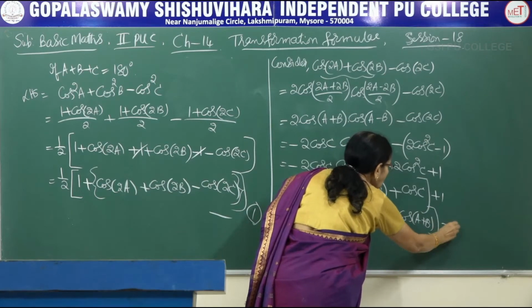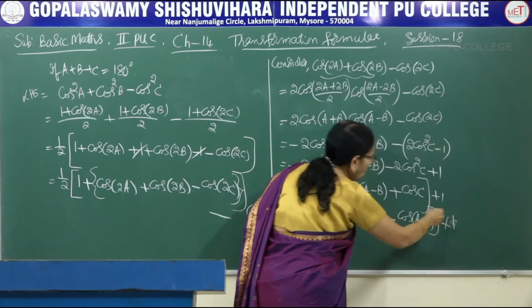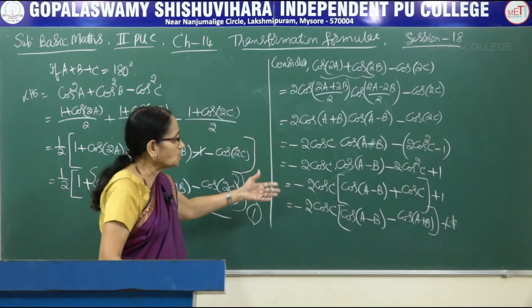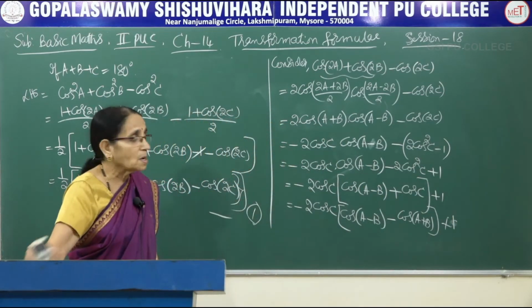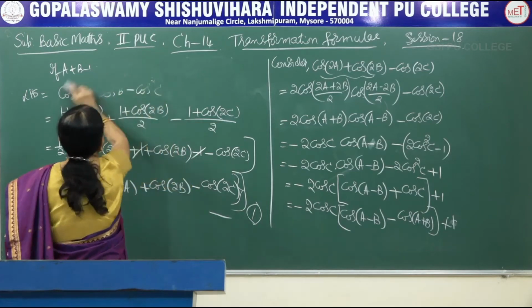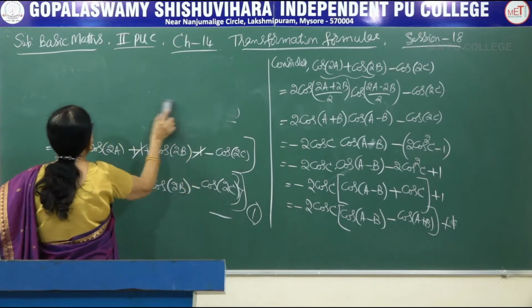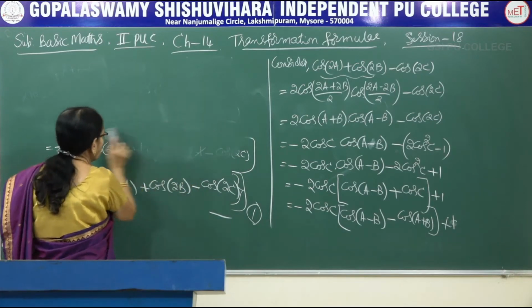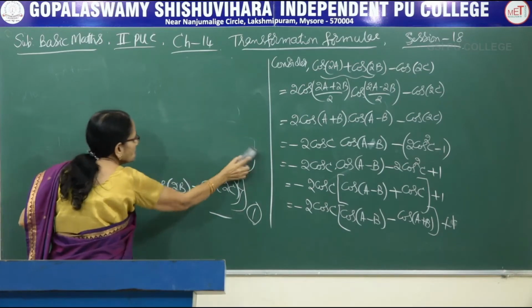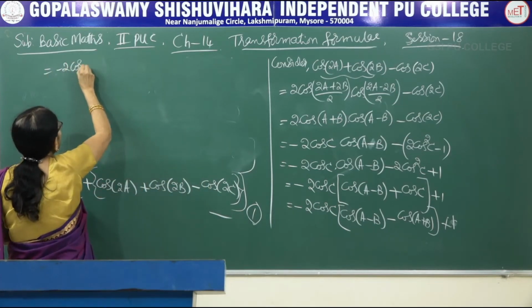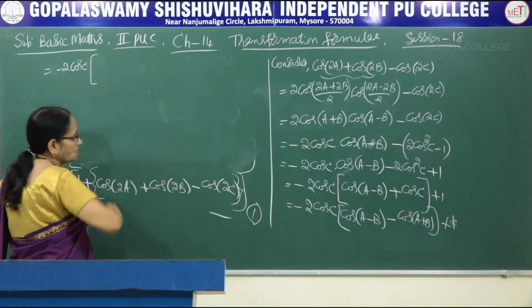See, same terms we are getting in most of the problems. So if you remember once, you can use the same result in another position, another problem also. Now I am keeping that result 1 as it is. Now let us simplify this further. That is minus 2 cos C, you write as it is inside the bracket.